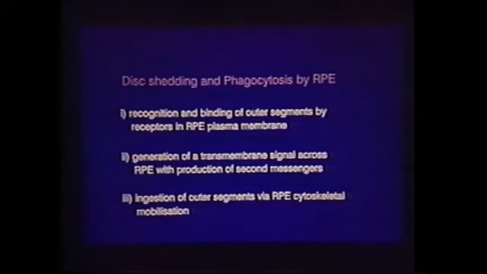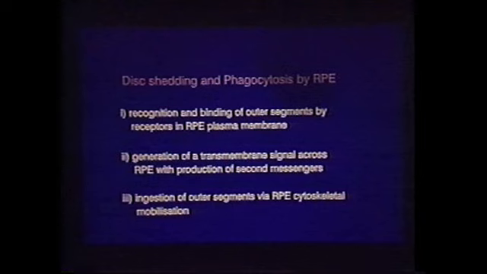shows some of the features of this disc shedding and phagocytosis, and it's quite a complicated process, and perhaps the details of this process are outside the scope of this particular talk, but the retinal pigment epithelial receptors enable recognition of the worn out outer segments.